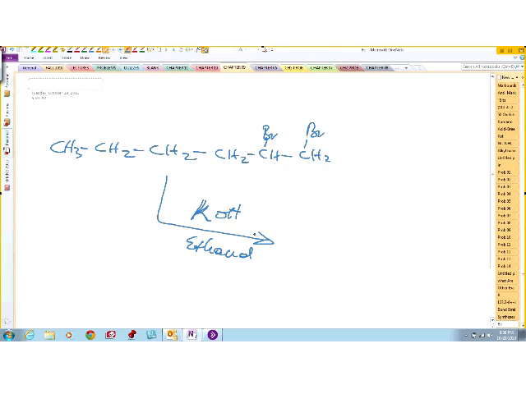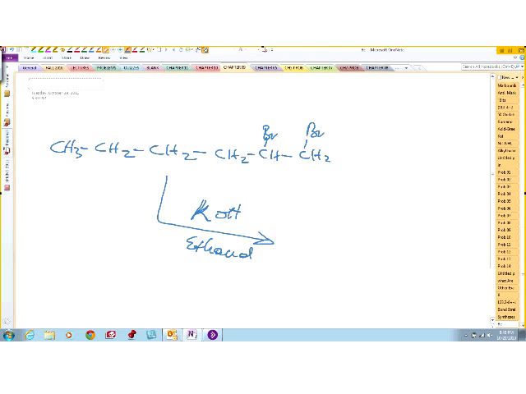What will be the product of that reaction? Yes, it's going to form an alkyne, right?